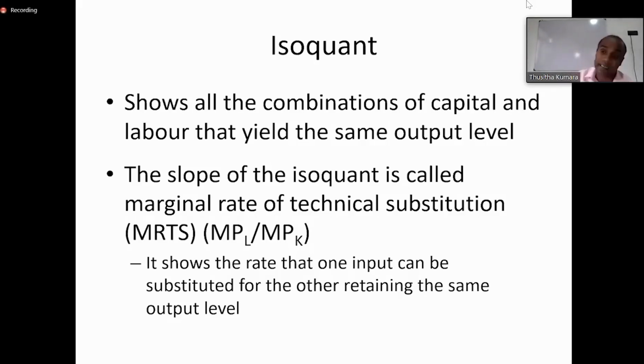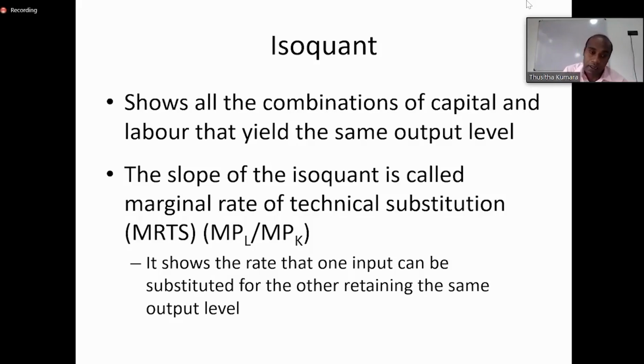But here we are discussing a different concept, that is the marginal rate of technical substitution. That tells us how we can substitute labor for capital, at which rate, and capital for labor, at which rate. Which can be taken easily: MPL divided by MPK. Marginal product of labor divided by marginal product of capital will give us the marginal rate of technical substitution.